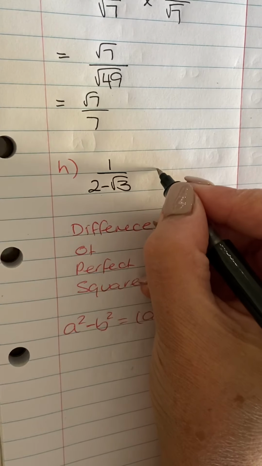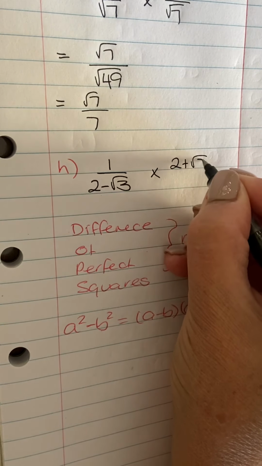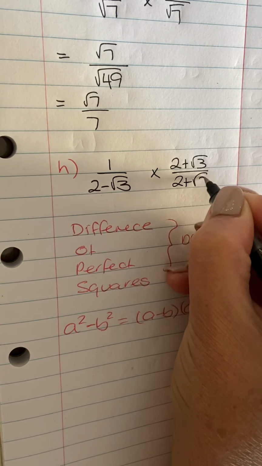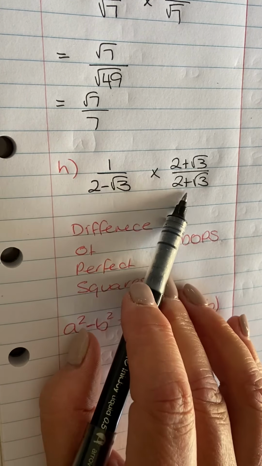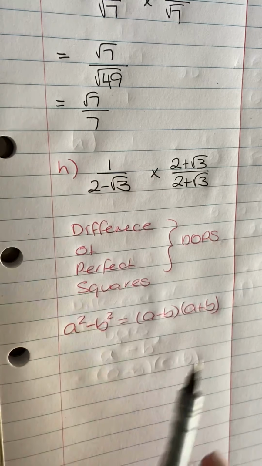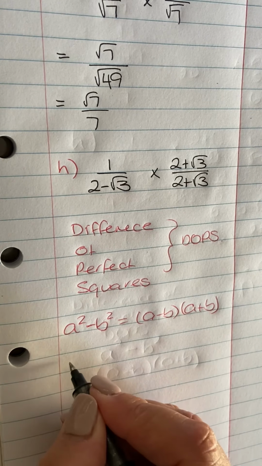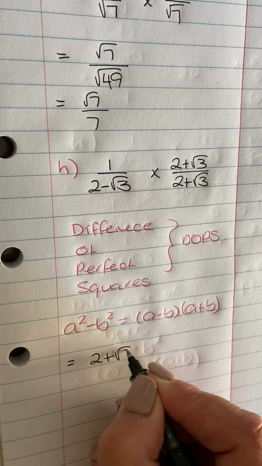Let's look what happens. If I multiply this by 2 plus root 3 over 2 plus root 3, which we call its conjugate, so you can see that sign has changed to a plus, and this becomes a difference of perfect squares like this. So as I expand out, on the top I'll have 2 plus root 3.